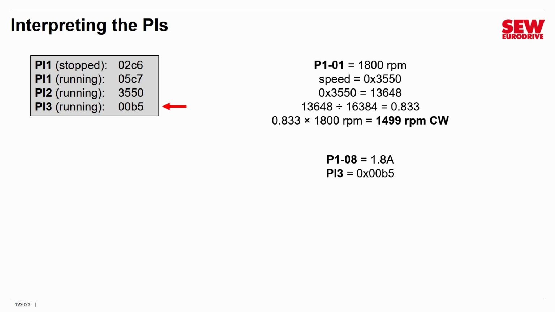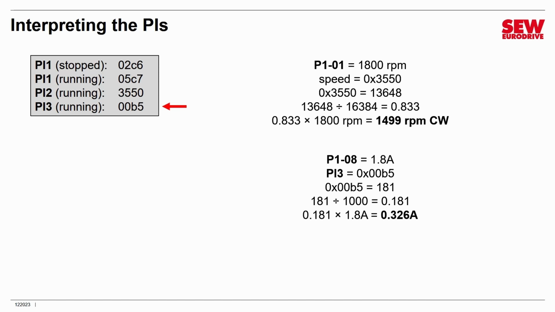And then we take our PI3 value, 00B5, we convert it to decimal. It is 181. We divide it by 1,000, which gives us 0.181. That's 18.1%. We multiply 0.181 times the nominal current, 1.8 amps, and we get 0.326 amps.